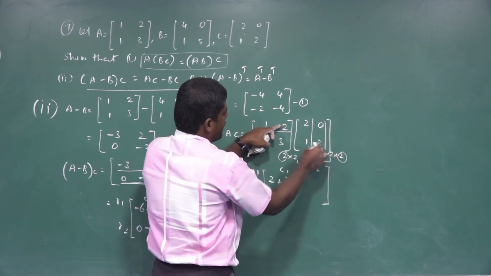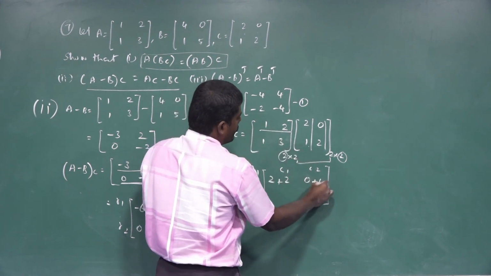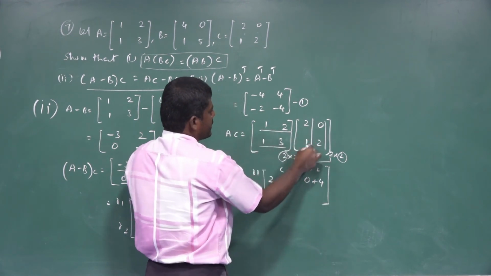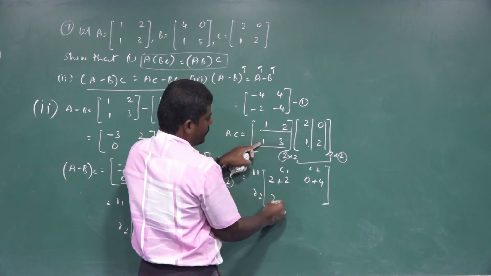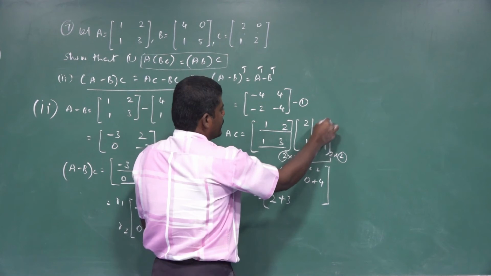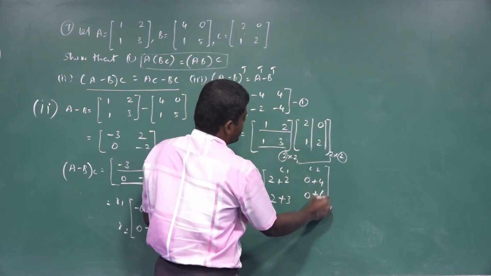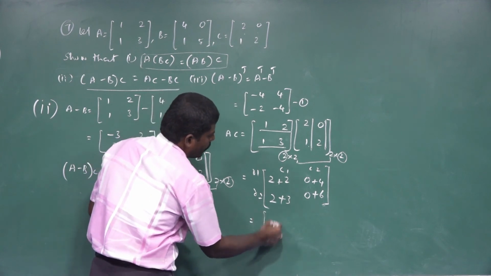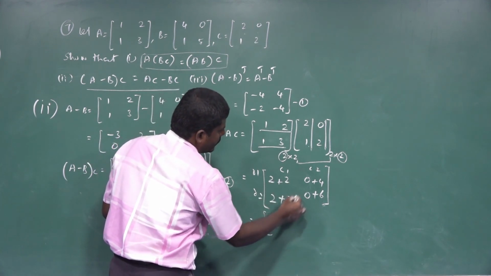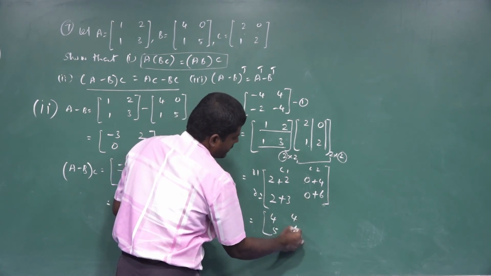Next you multiply by the second column. 1 times 0, 0. 2 times 2, 4. Next second row, first column. 1 2 is 2, 3 1s are 3. Second row, second column. 1 times 0, 0. 3 2s are plus 6. Now 2 plus 2, 4. 0 plus 4, 4. 2 plus 3, 5. 0 plus 6, 6.